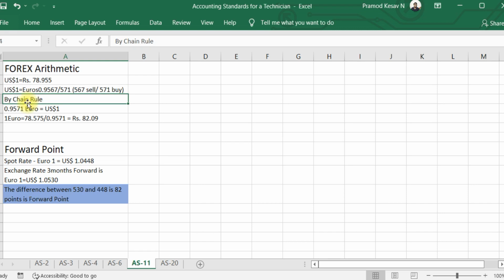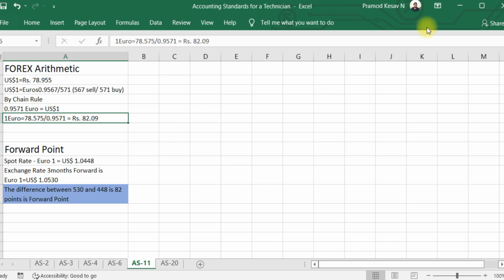By chain rule or cross rule, 0.9571 euro is US $1, or 1 euro is $1 divided by 0.9571. Since $1 is 78.955 rupees, 1 euro is 78.955 divided by 0.9571, which we get as 82.49. So this is basically the chain rule or cross rule.